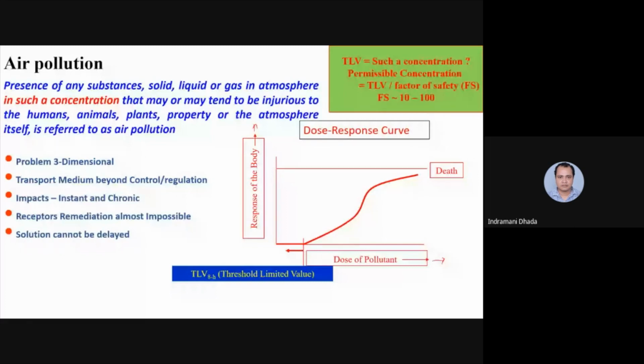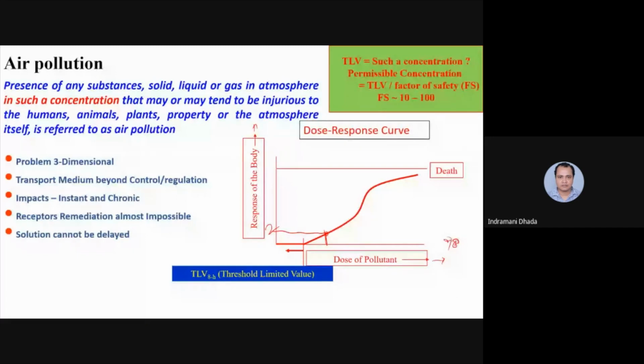So that is the threshold level, and it is defined based on this dose response curve. Suppose we defined that till this level, suppose 100 mice we have tested, 2 mice died, so 98 mice are still alive.